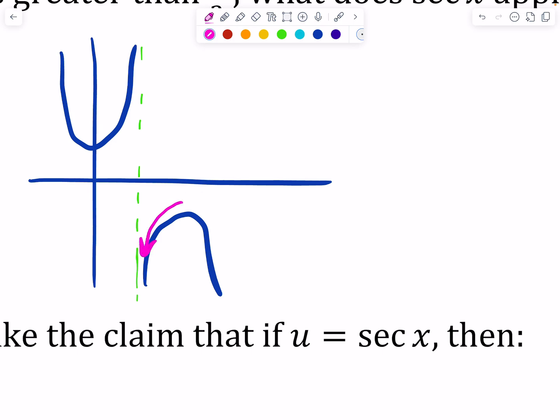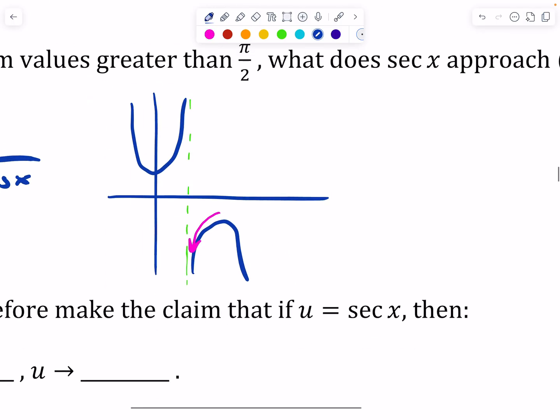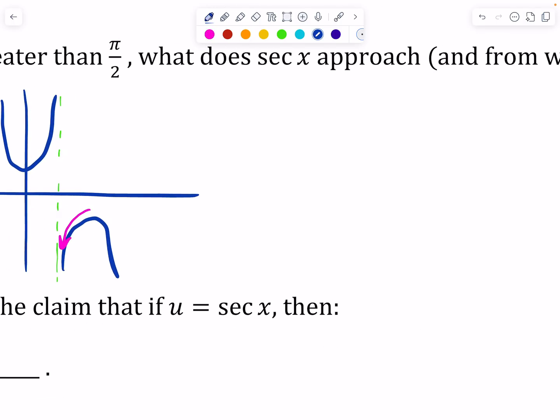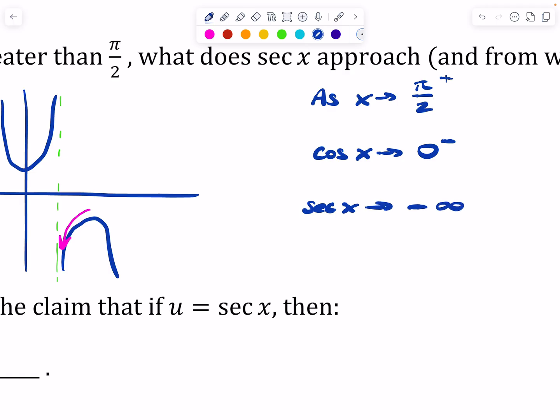And that's what's happening. We don't have to do it from the graph. We can just note it from cos x itself: as x approaches pi over 2 from higher values, cos of x is approaching 0 from lower values. So cos of x is negative, close to 0, which means secant of x is approaching negative infinity.